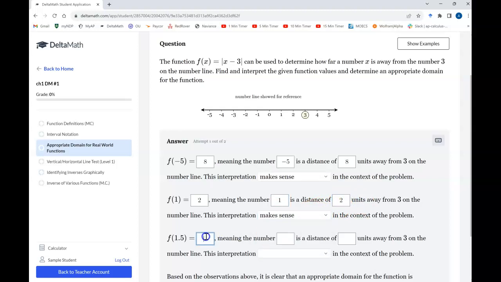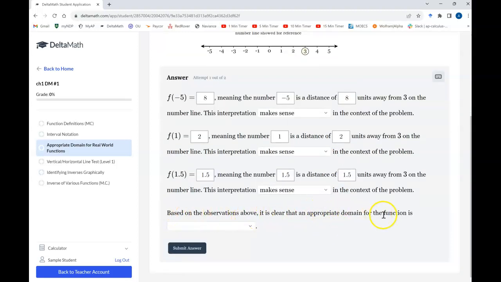And then 1.5 minus 3 is negative 1.5, but then the absolute value makes that positive. So that tells me the number 1.5 is 1.5 away. And again, that should make sense because all we're talking about is a distance, right? If I pull out 1.5, that's here. That's 1.5 units still, right?